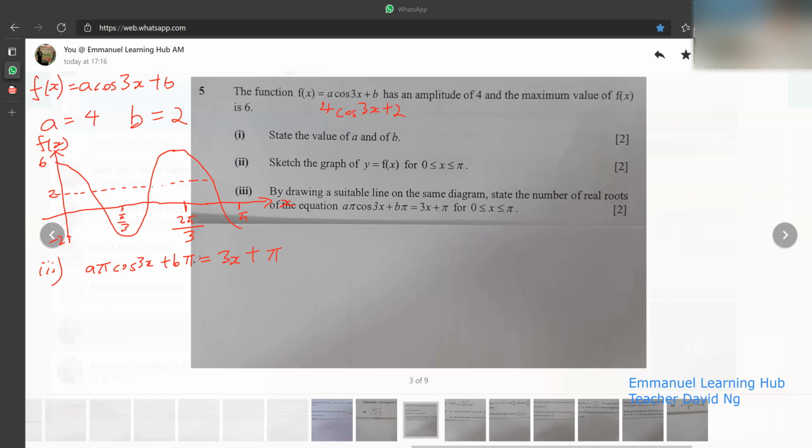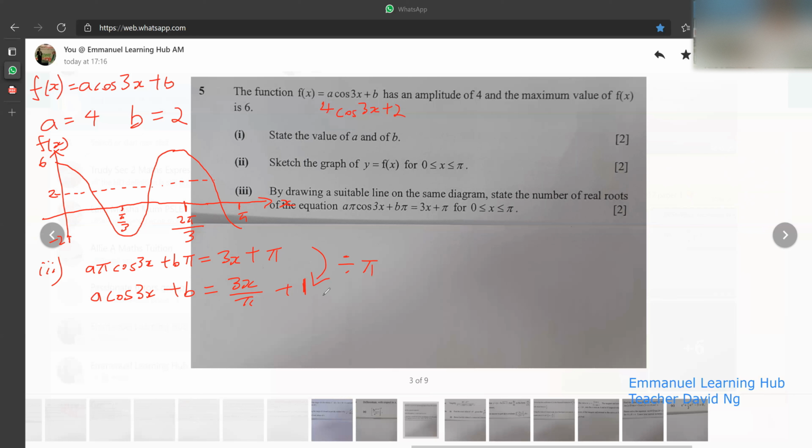If I divide by pi, every term divided by pi, I'll have a cosine 3x plus b. This is called algebra manipulation.